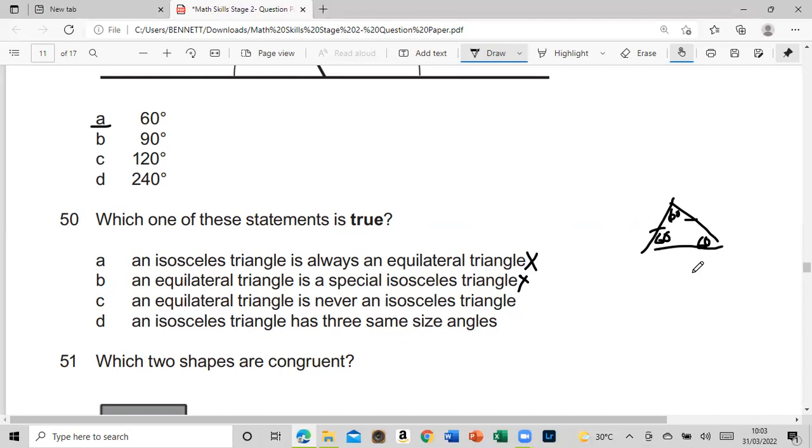An isosceles triangle has two equal sides, so you say this is not true. An equilateral triangle is an isosceles triangle. Alright, so let us see. I'll go with C.